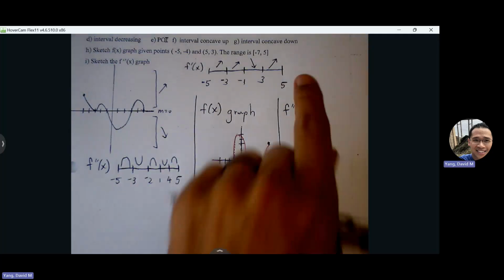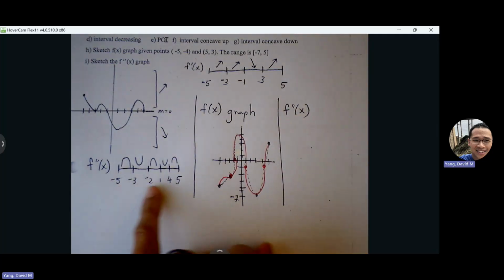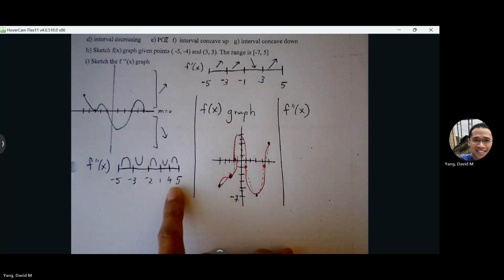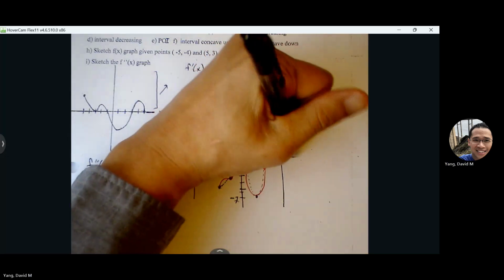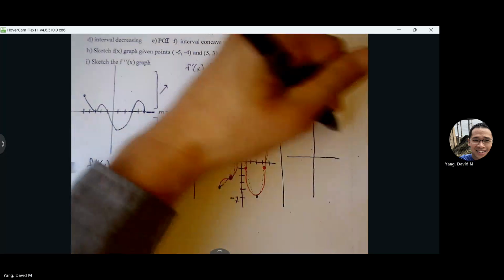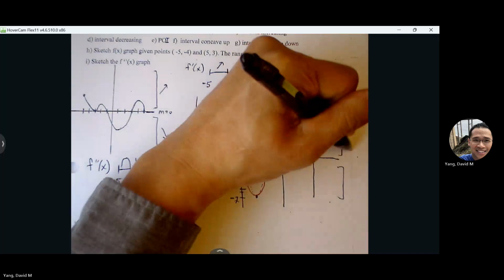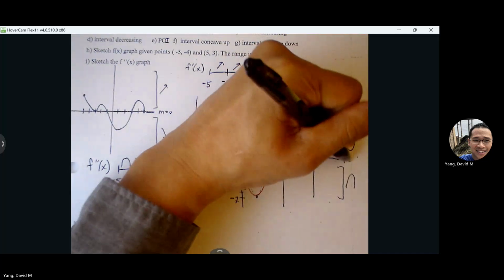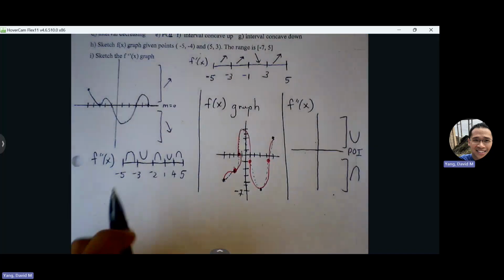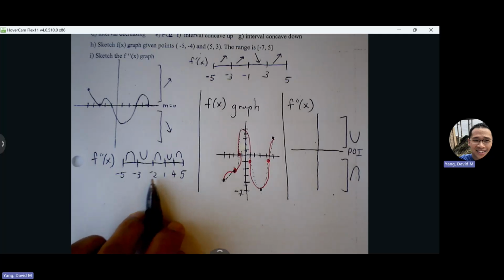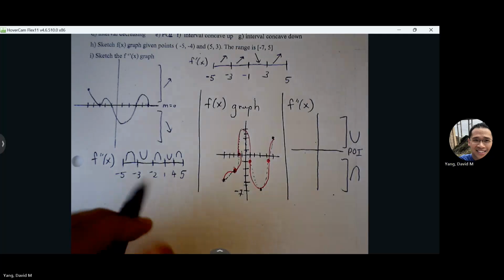Okay, your F double prime graph, you're just going to rely on the second derivative sign line. So now these will be the x-intercepts on your F double prime sign line.